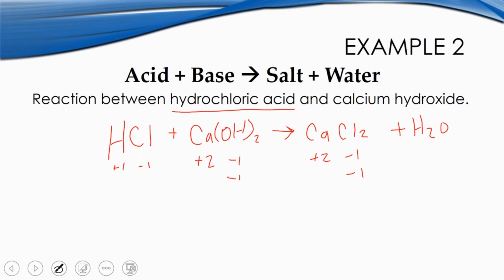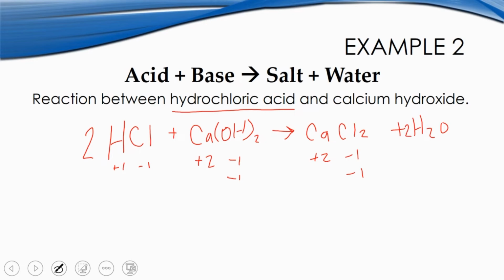So what I'm going to do here is I am going to multiply my initial acid times 2. So that would give me 2 chlorines. And I now just need to check my carbons are good and my oxygens. For my oxygens, I need a total of 2. On my product side, I'm only showing 1, so I'm going to write a 2 there.